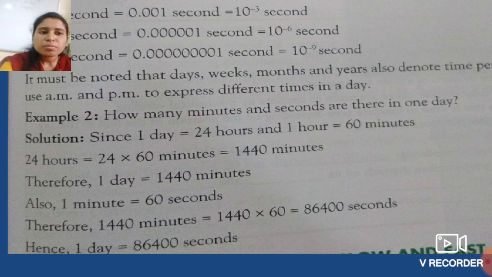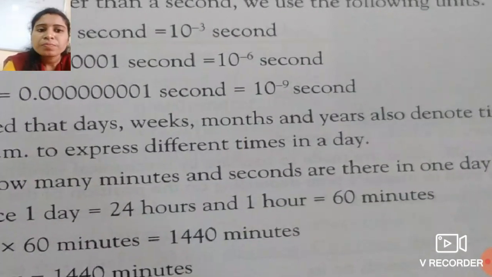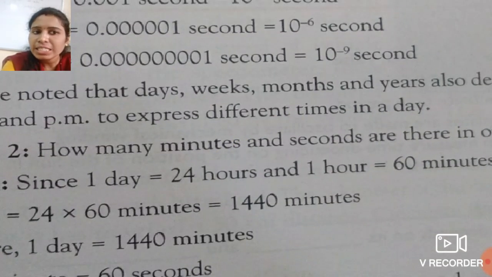So students, as here mention is one day. One day is mentioned. So here what we write, one day means we all of you know that 24 hours. Okay, and in 1 hour there are total 60 minutes. So we have to calculate how many minutes as well as seconds.